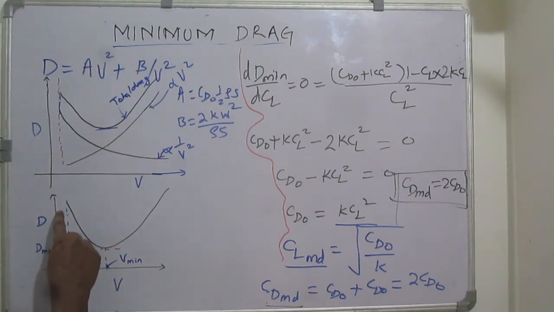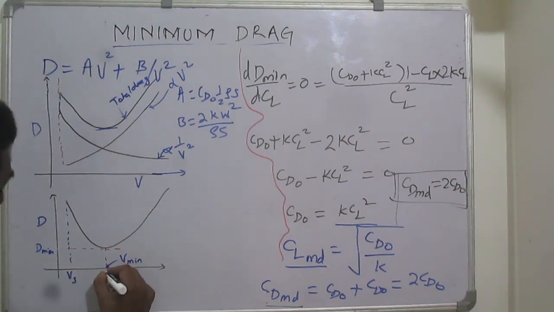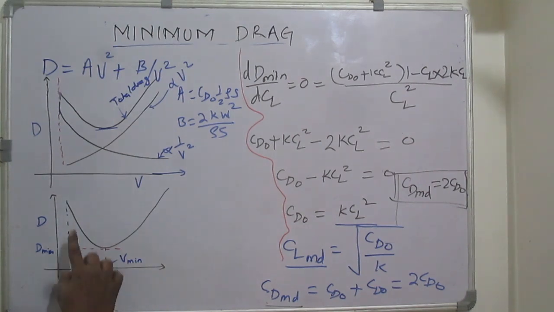We know the stalling velocity and the velocity at minimum drag are different, and the stalling velocity is lower than the minimum drag velocity.